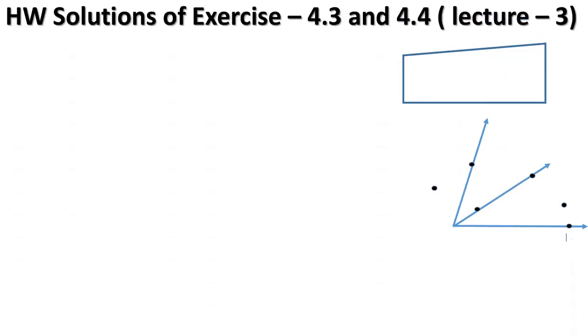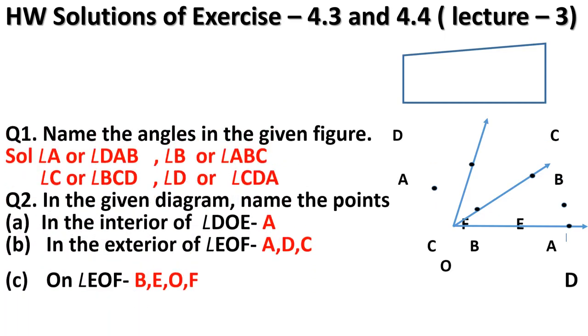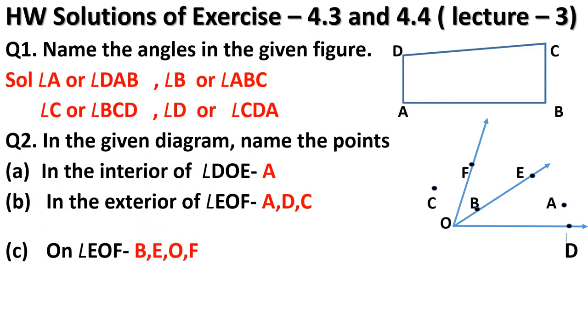Now we are going to discuss the homework solutions of exercise 4.3 and 4.4, which I gave in lecture 3. Question number 1. Name the angles in the given figure. The figure is in front of you. ABCD is a quadrilateral. You have to name the angles formed in this.